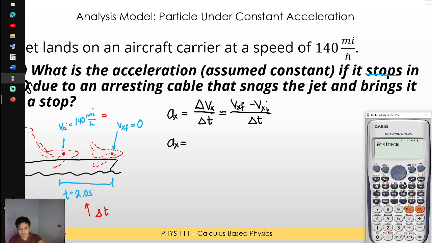Let's try another one, 02. Let's try again. It's getting closer.